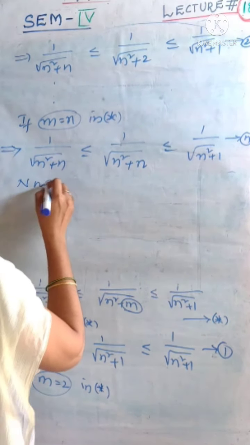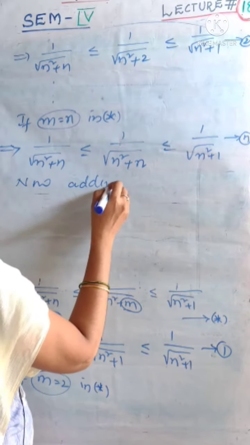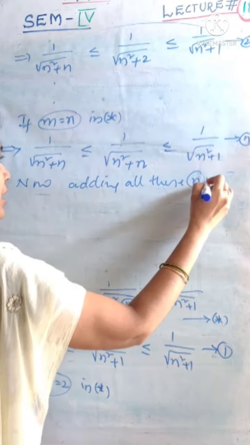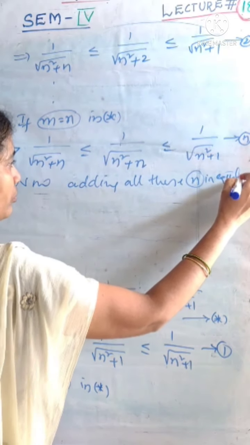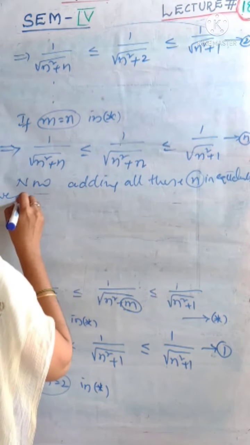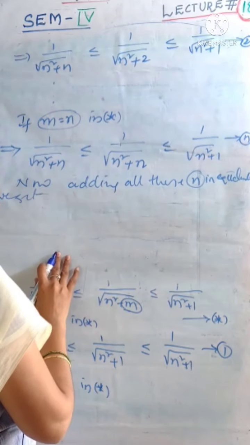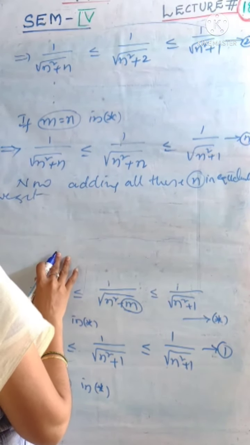Now adding all these n inequalities, we get no change in the left and right side terms, but they are added n times.